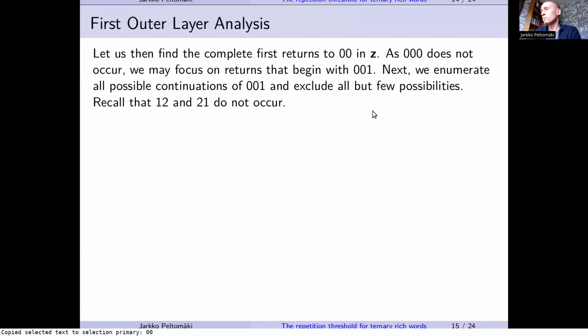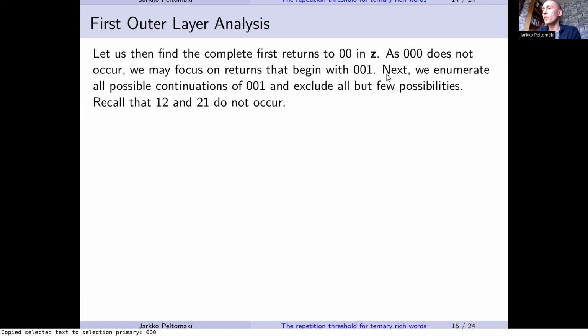So it's natural to look at complete first returns to 0, 0 in Z. A complete first return to 0, 0 is just any word that begins with 0, 0, ends with 0, 0, and contains exactly 2 occurrences of it. Clearly 3 zeros in a row does not occur because that's a cube, and that's too much.